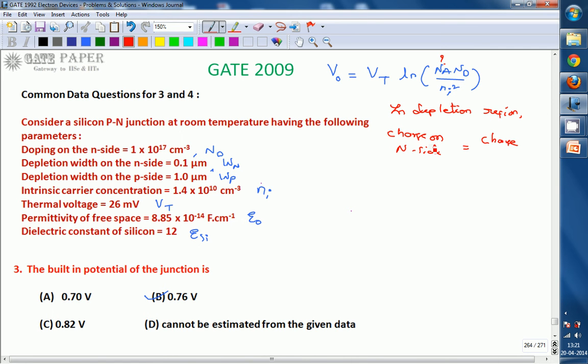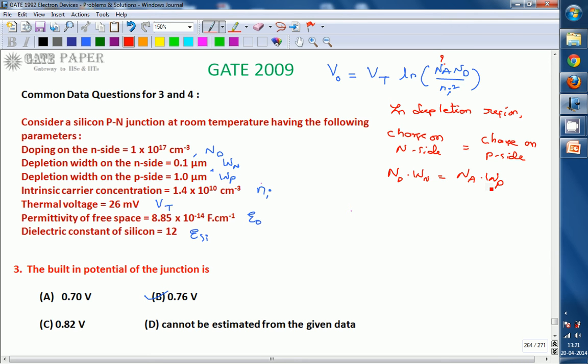So we get one equation: Nd times Wn is equal to Na times Wp.